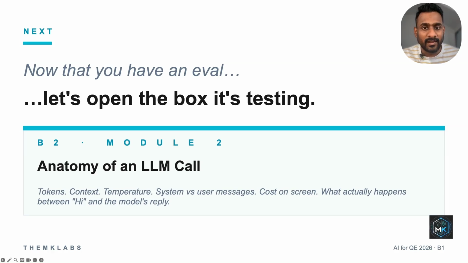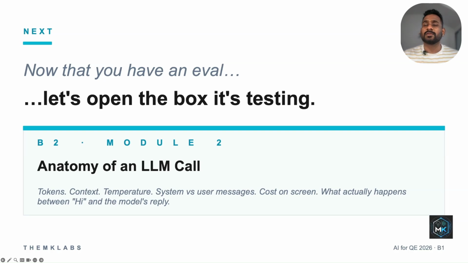Now that you have an eval, let's open the box. In module 2, we will look at the anatomy of every LLM call. The engineering behind the tokens, the context window, temperature, system versus user messages. In the previous slide, we spoke about working on the knobs. In the next video, we will see these in detail, which will help you eventually tweak and tune the knobs.